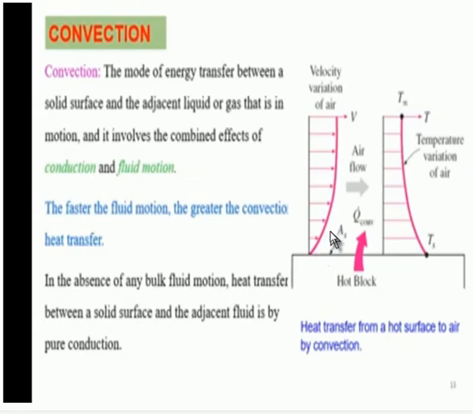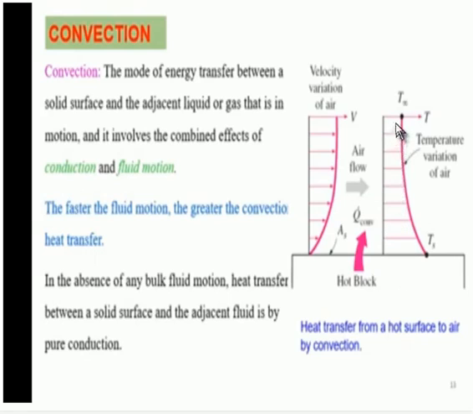This shows the velocity variation and the temperature variation graphs. As you move in the upward direction, the velocity profile increases. Near the solid body, the temperature difference is larger, so the heat transfer is more.